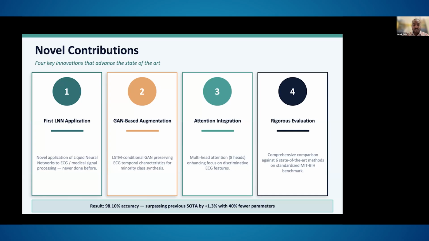The other thing is that we have combined advanced data augmentation approaches instead of just using simple ones. We used two advanced algorithms: one is the LSTM, and the other is a conditional GAN. This helps us preserve the ECG temporal characteristics for the minority class synthesis.